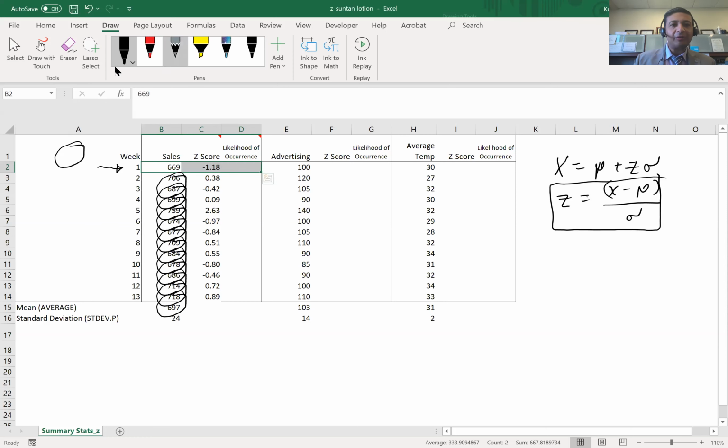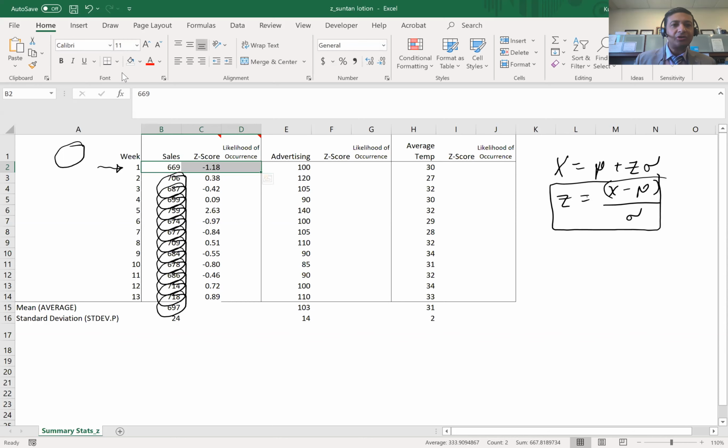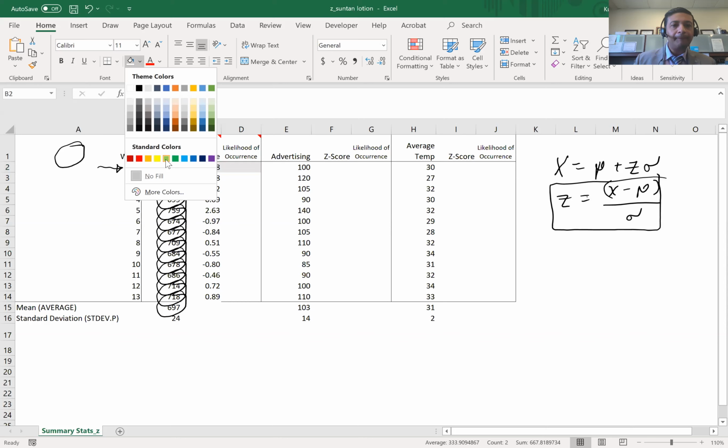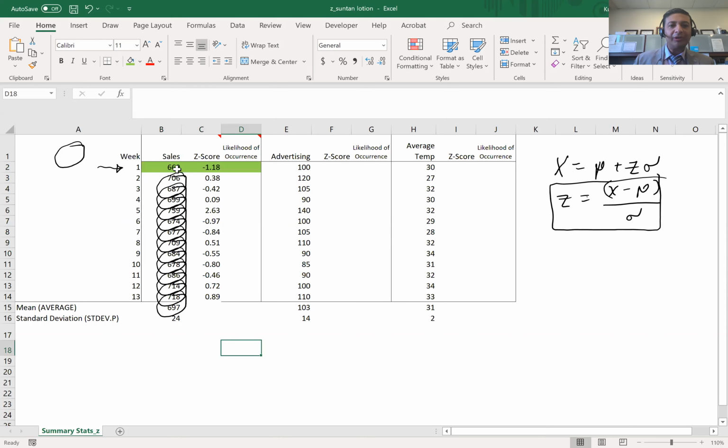I'm going to highlight this just so that we understand what's going on. In the first week, my sales was 669, or $669,000, let's say. We are looking at thousands of dollars here. The corresponding Z-score is negative 1.18.